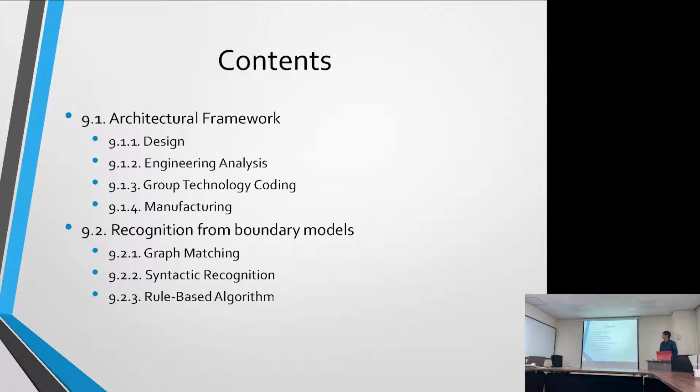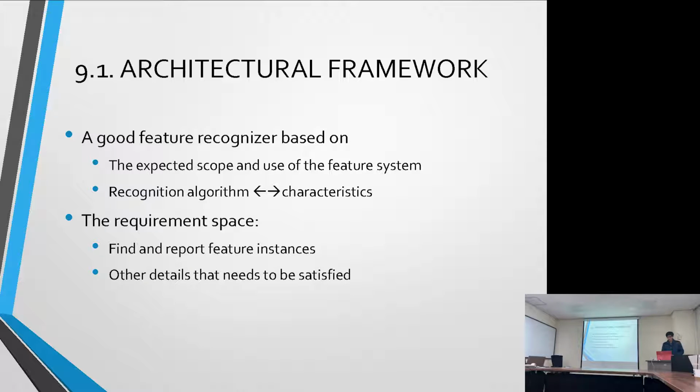So this will be the contents that I will cover. Firstly, I will cover the framework of feature recognition, and then recognition using boundary models for 9.2. So in essence, feature recognition is based on the expected scope of what you want to get and the feature system that you want to use.